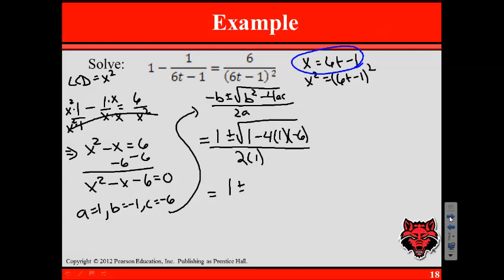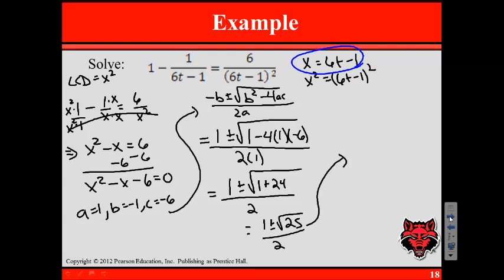This is 1 plus or minus the square root of 1 plus 24, all over 2, which is 1 plus or minus the square root of 25 over 2, which would become 1 plus or minus 5 over 2. When we work out each of these expressions, 1 plus 5 is 6 over 2, which is 3. 1 minus 5 is negative 4 over 2, which is negative 2. So we have our two x values, but we're not finished.